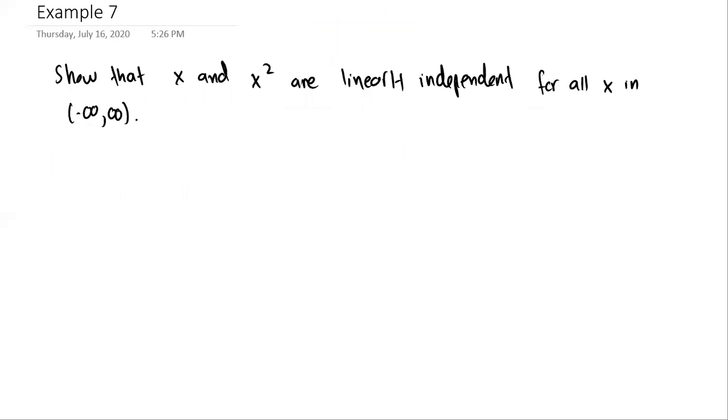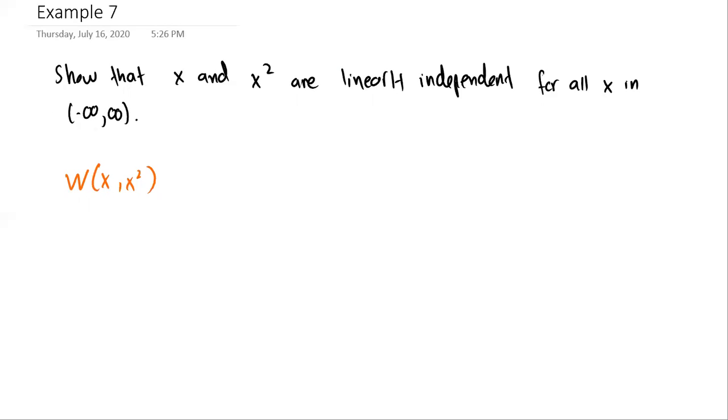We already showed using the definition that x and x squared are linearly independent for all values of x. Now let's use the Wronskian. So let's calculate the Wronskian of x and x squared. Notice that these are functions, not necessarily solutions, so we don't have to worry about an interval of definition in terms of satisfying a differential equation.